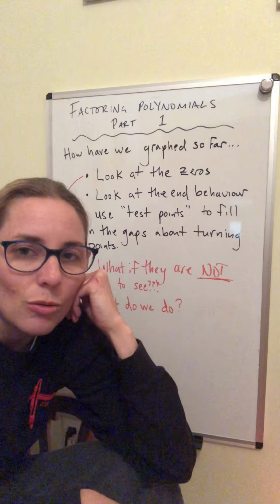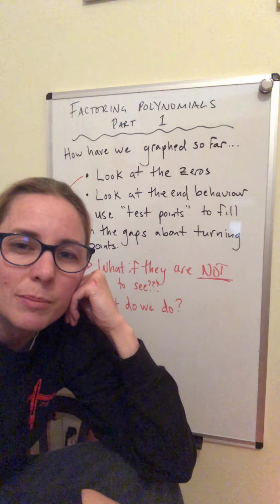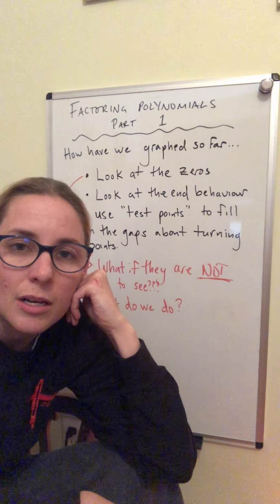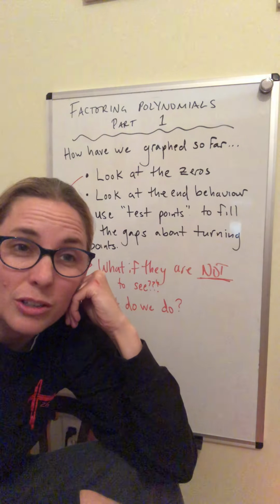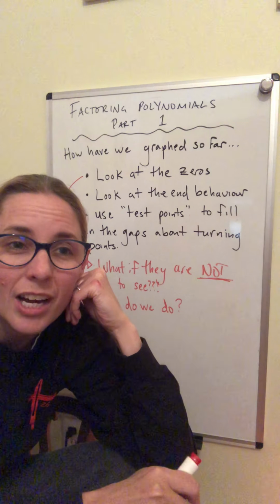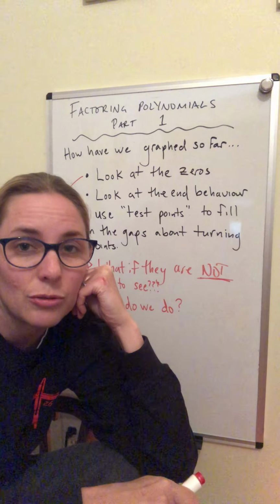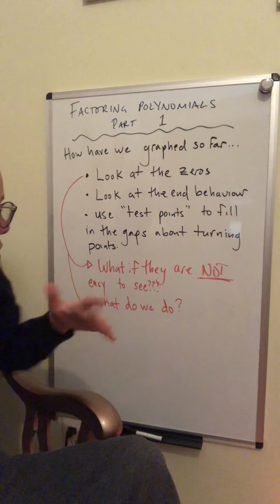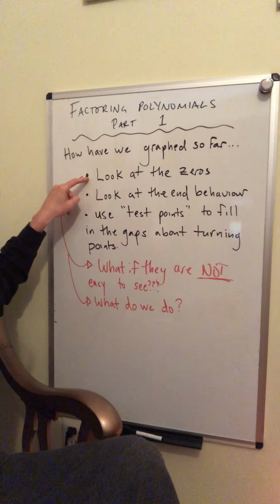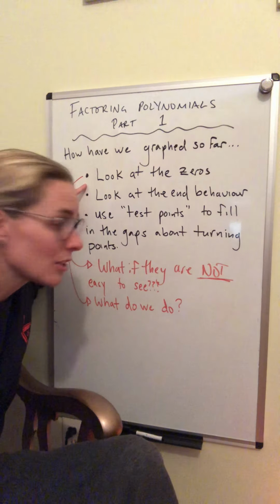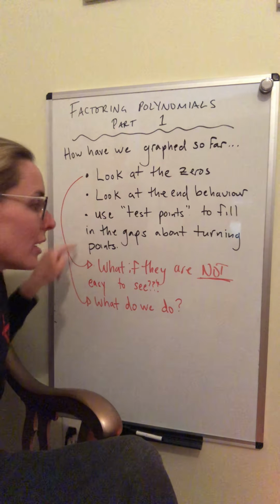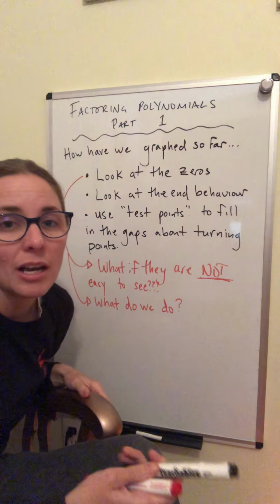Now we're going to need to know more about those turning points, but that creeps up when you take calculus. What we do need to know how to do out of today's lesson is, what if the factors aren't given? What if it's not already in factored form? If we can't tell exactly what the zeros are, then we are going to need to find them.